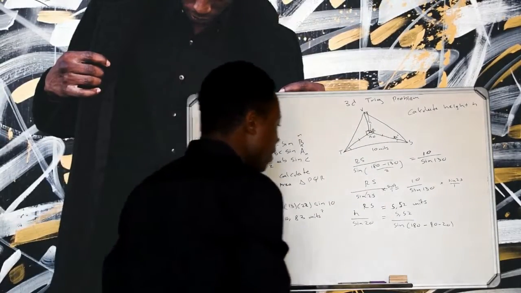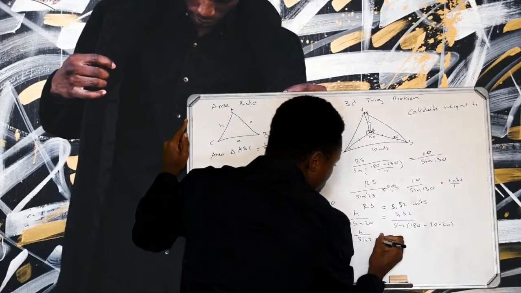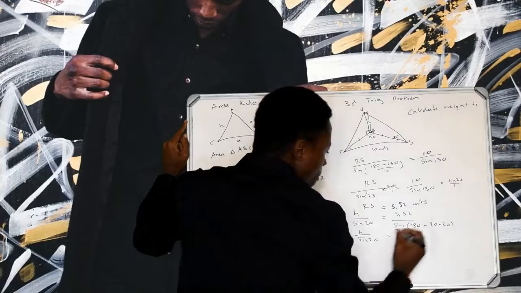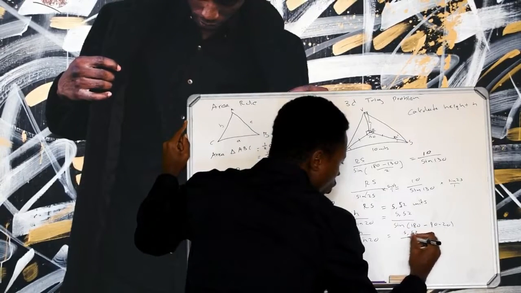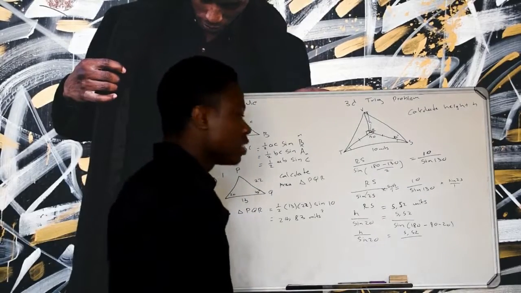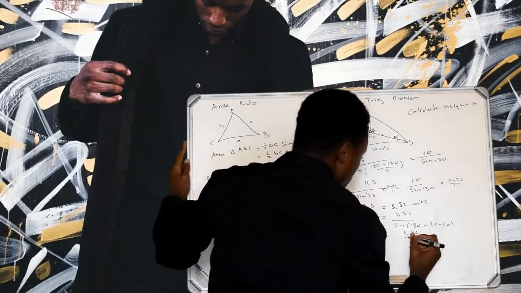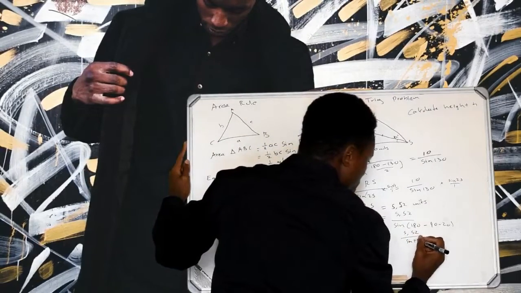So now to simplify this, I will have h over sine 20, which is equal to 5.52 over sine of 180 minus 90 minus 20. What is 180 minus 90 minus 20? It should be equal to 70. So this will be sine 70.